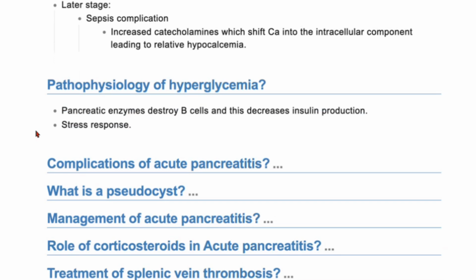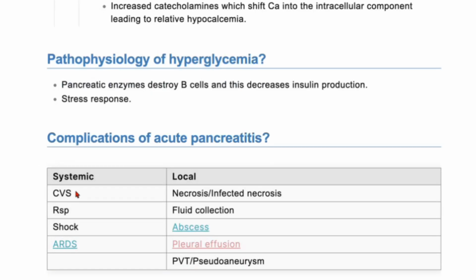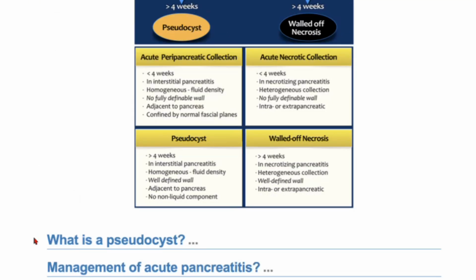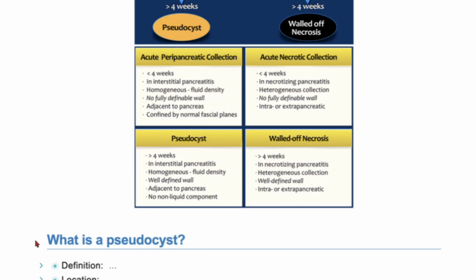What are the complications of acute pancreatitis? So the systemic complications for acute pancreatitis would be acute respiratory distress syndrome, pleural effusion and sepsis. And the local complications would be necrosis, pancreatic pseudocyst, abscess, and fluid collection surrounding the pancreas. How would you define a pseudocyst? A pseudocyst is an amylase-rich fluid, which is essentially homogeneous, with a fibrous wall surrounding granulation tissue.